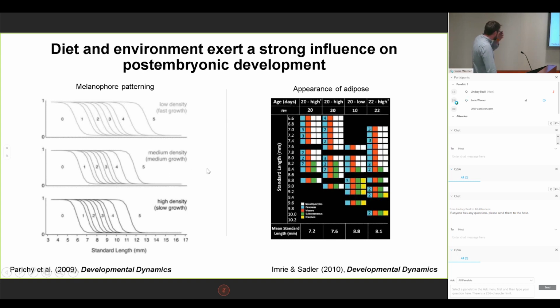And then diet and other environmental factors can affect this interaction between size of the fish and developmental stage of the fish.